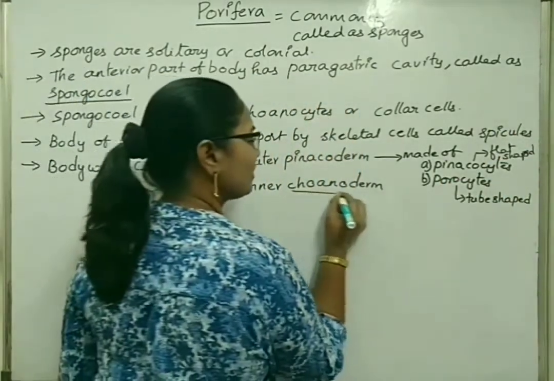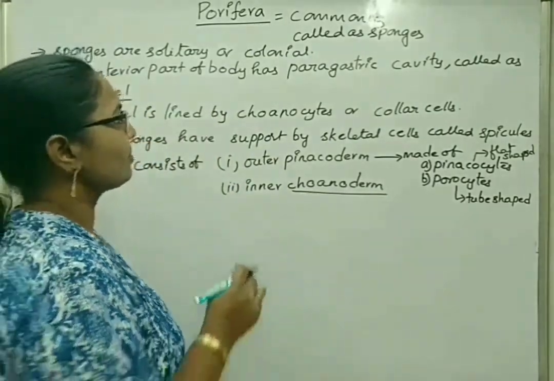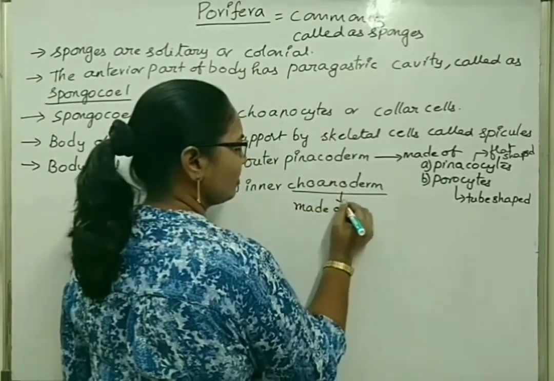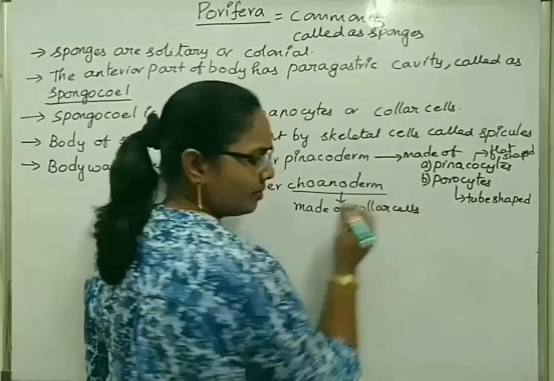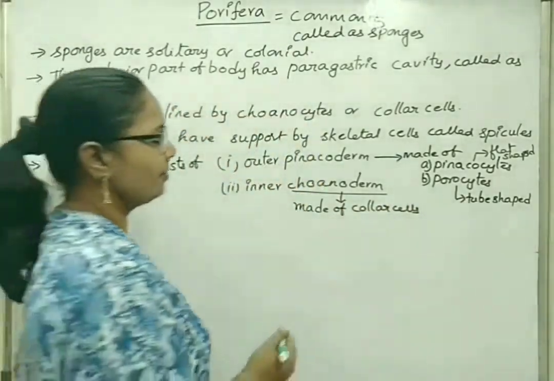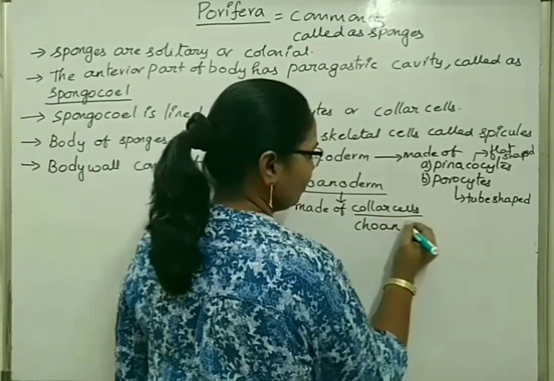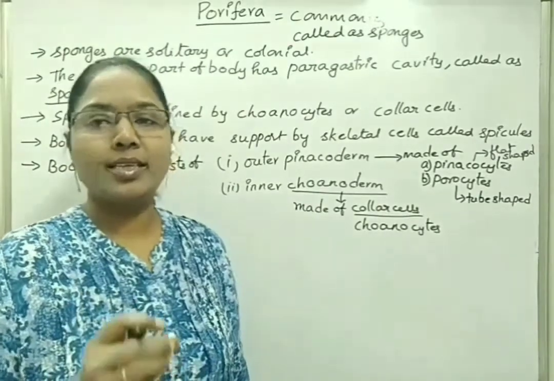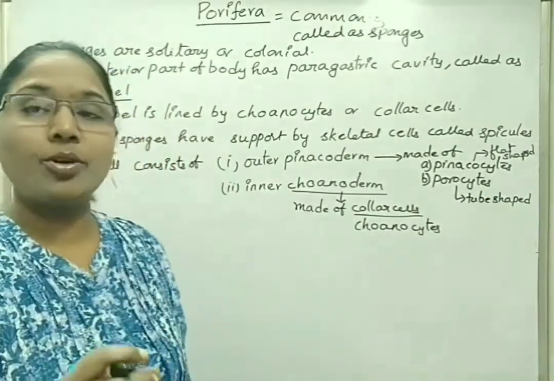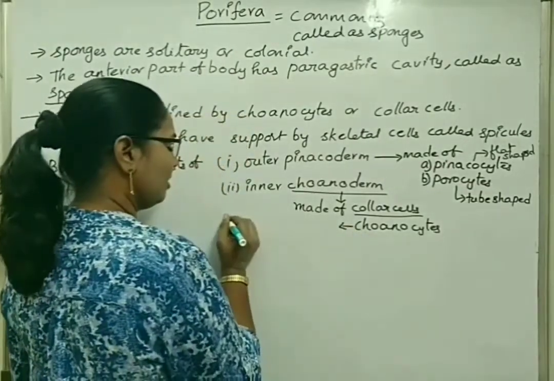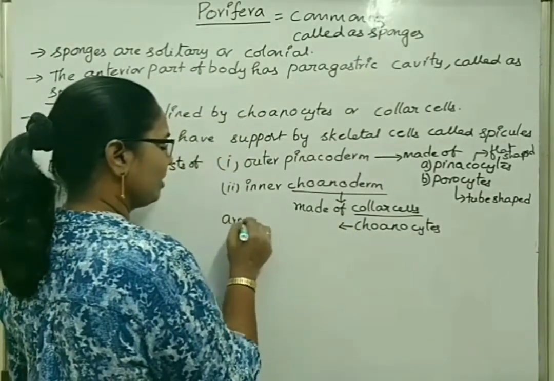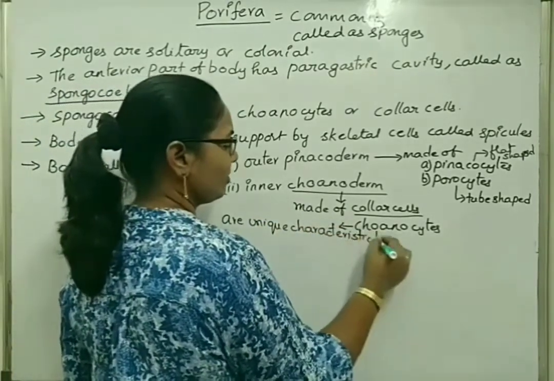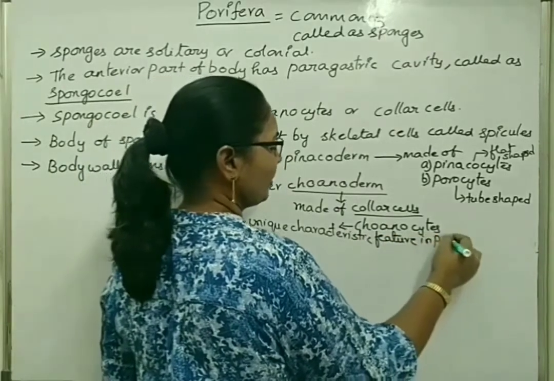Next, the inner choanoderm. It consists of choanocytes, which are also called collar cells. Having these choanocytes is considered a unique characteristic feature of sponges or Porifera.